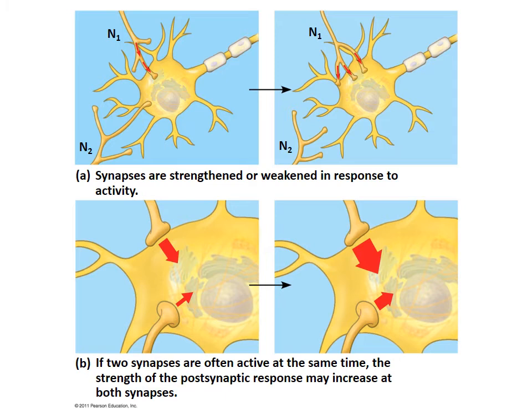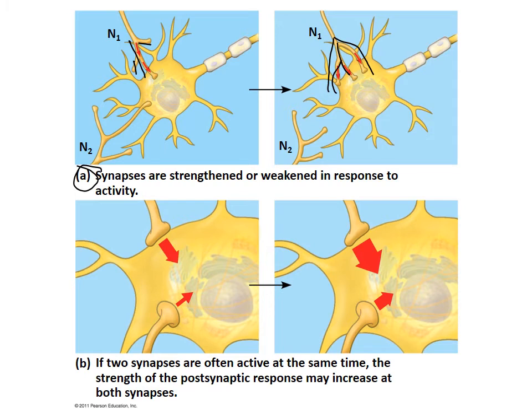So it shows you in picture A, there is a neuron and there is some sort of signal going on, and if you keep on doing that signal, you might actually develop a bigger area that's going to be devoted to that signal, and so these branches will grow into bigger branches, and so you're strengthening that activity.